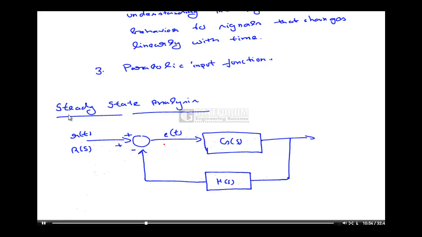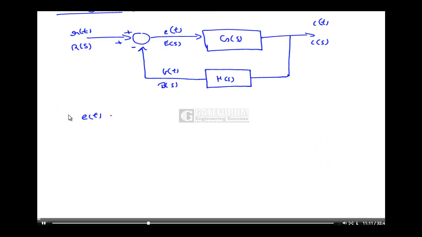This is error e(t), error Laplace transform E(s), c(t), C(s), b(t), B(s). Now I know this, my e(t) is equal to r(t) minus b(t).